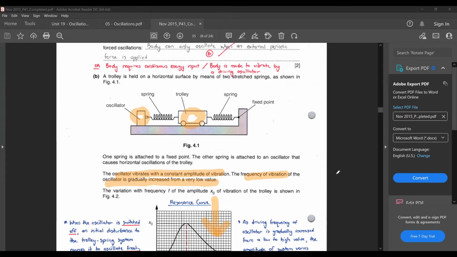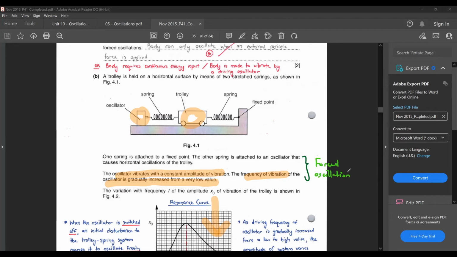Now, in this circumstance, your trolley is under forced oscillation. In the case that has been described here, where your trolley is attached to your oscillator, your trolley right now is under forced oscillation.